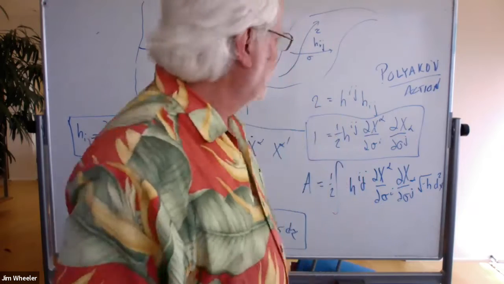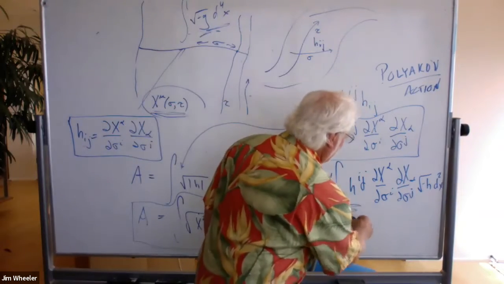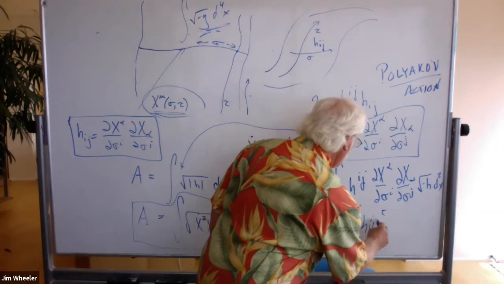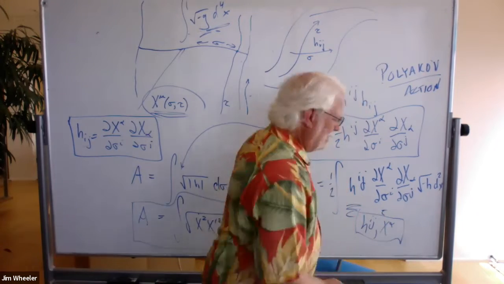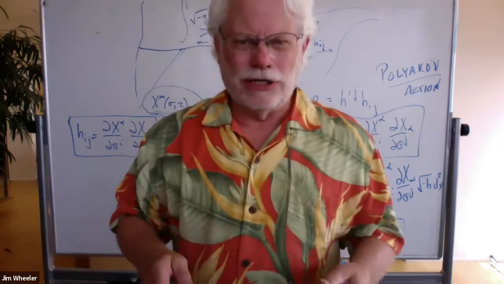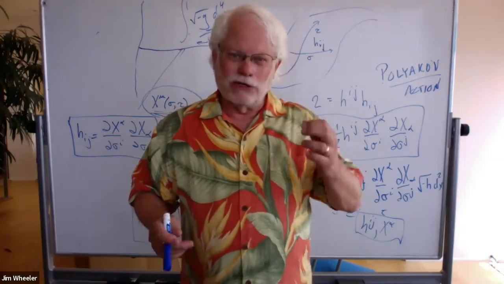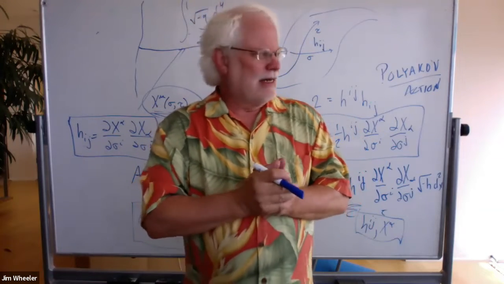What you do is to treat H and X as independent variables. This is a lot like the Palatini variation of the Einstein-Hilbert action, where you vary the metric and the connection independently.